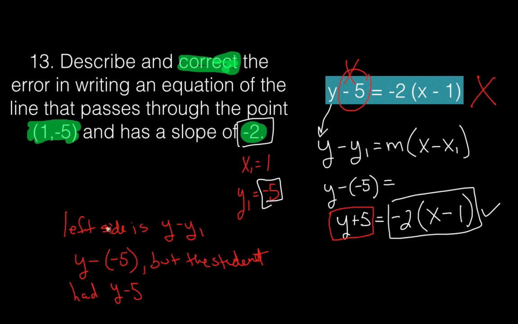So this is just one way that you could write it. The left side was y minus y1, which would make it y minus a minus 5, but the student had y minus 5. So the y1 is a negative number, and the student had a positive number. So that's number 13.